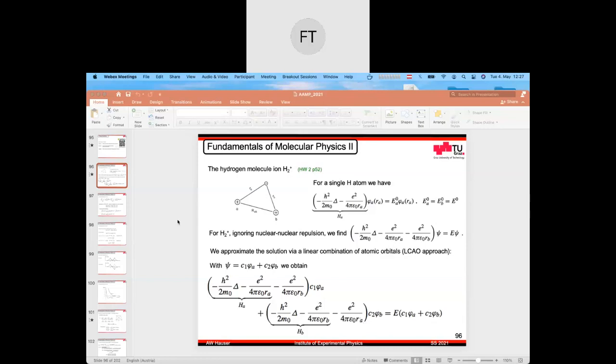So it's not enough to just have one point on the surface. Typically, you want to know your surface in some proximity around the minimum energy geometry.